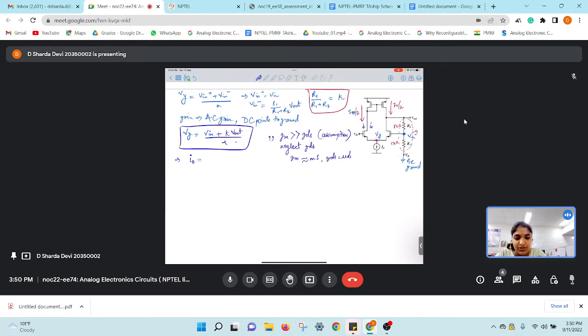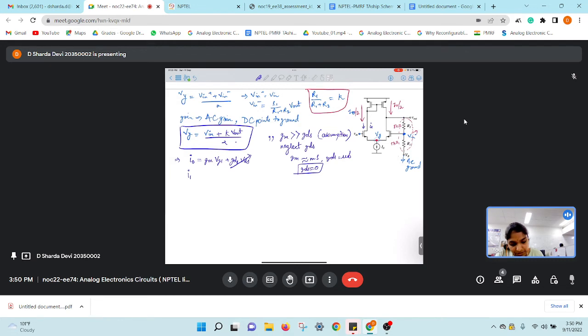GM VGS plus GMB VBS plus GDS VDS, right? This is the GDS that we were talking about. So here we are considering GDS to be 0, so we need not consider the effect of VDS. So this is the best part.